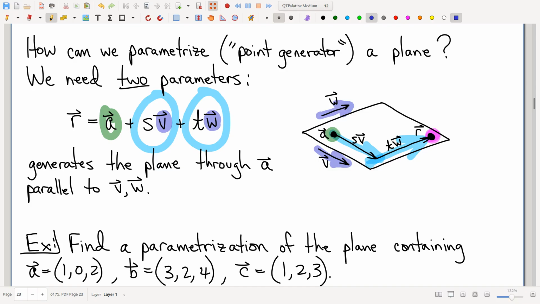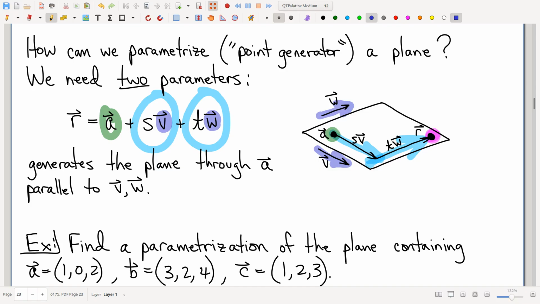And so, I draw the edges just because I have to draw something so you can see the thing I'm trying to describe, right? I got to put the pen to the page somewhere. And so, typically we think of a rectangle inside of that plane and then draw what that rectangle would look like. It makes it look like it's a parallelogram. And that's not my intention here. This is intended to be a plane that extends infinitely in all directions. How would I draw that, though? You know what I mean?